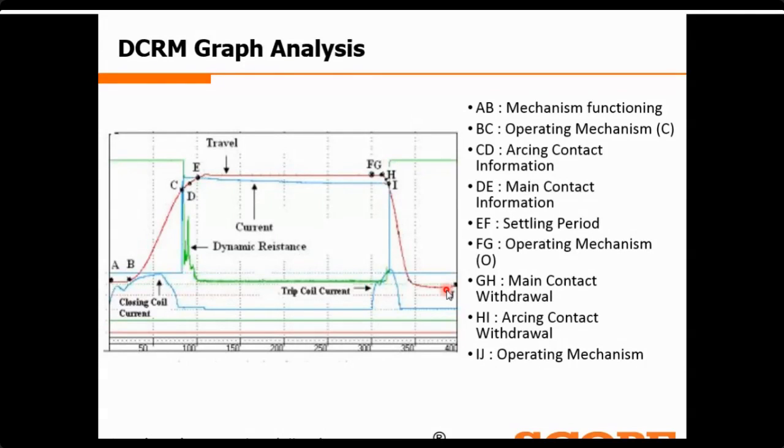But this is the basic DCRM signature. You just need to compare this signature to your circuit breaker interrupter signature, and understand in what zone my circuit breaker is having some abnormal readings, or abnormally rising values.